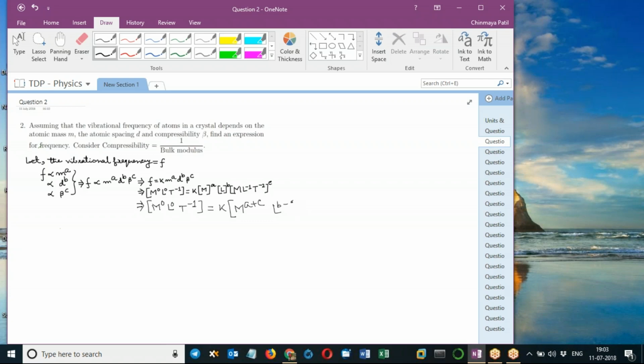And what will be T? T to the power minus 2c. Correct? Yes, minus 2c.